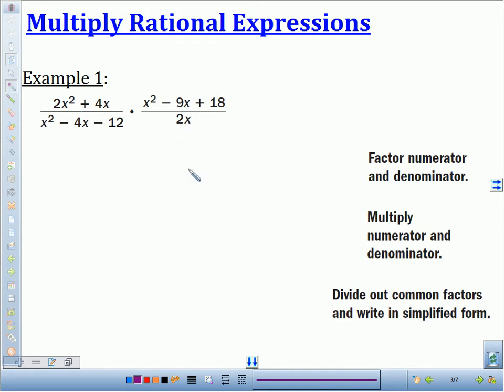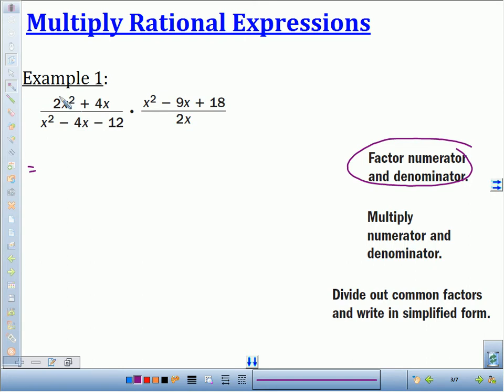Now, much like when we were simplifying rational expressions, our first job will be to factor numerators and denominators. And this is where things can take a little while. It's probably the longest part of the whole process because we have to factor all of these. And if we have 4 different things that need to be factored, that could take a while.